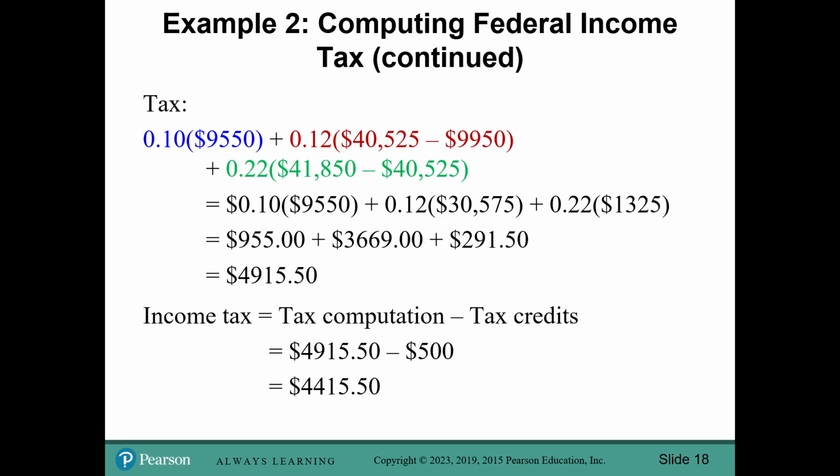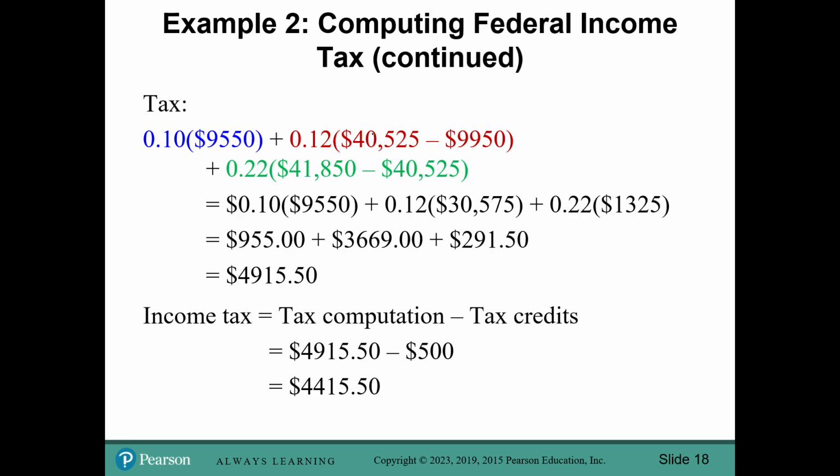So if you notice here, our tax is that 10% right here, multiplied by that 9,550. That was that first bit on that 10%. Then that next bit is going to be what was between that 40,525 and that 9,950, and that was taxed at 12%.